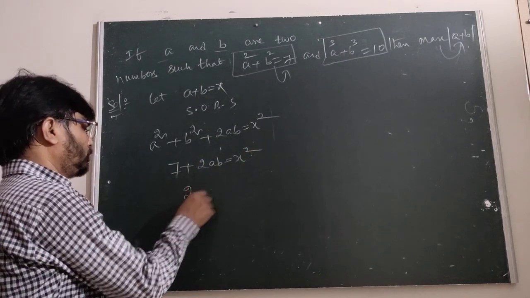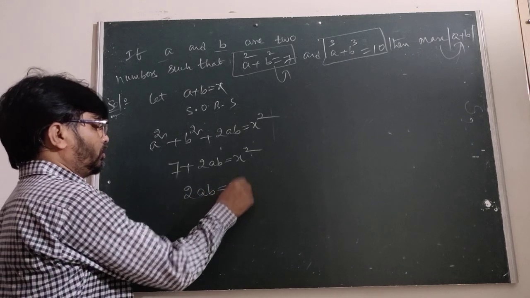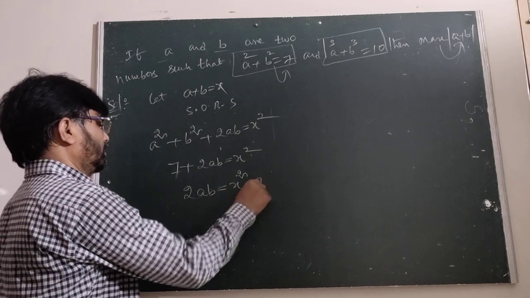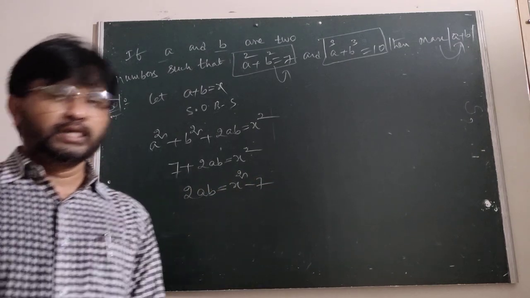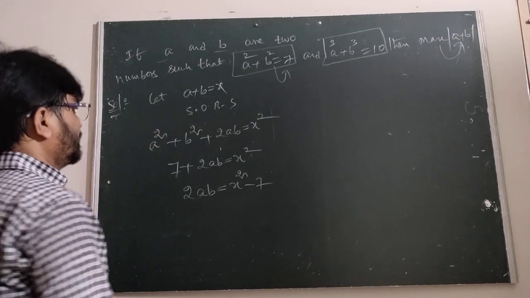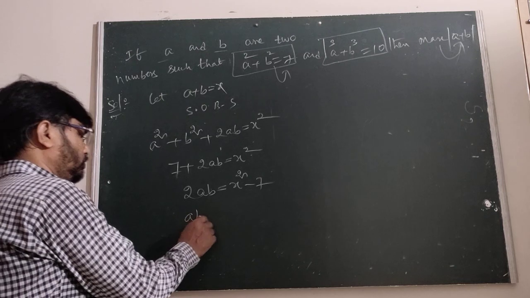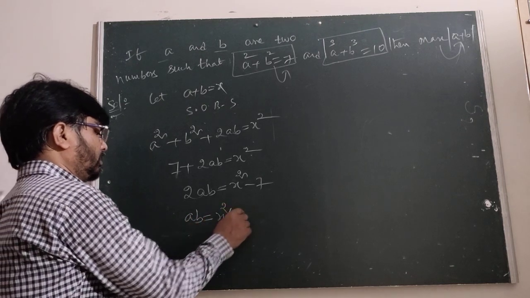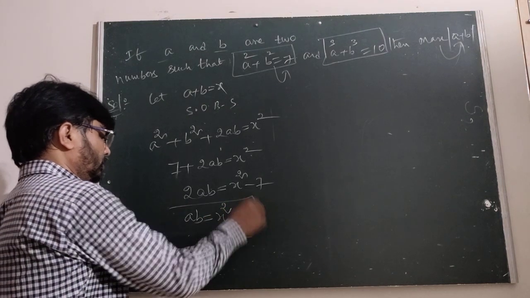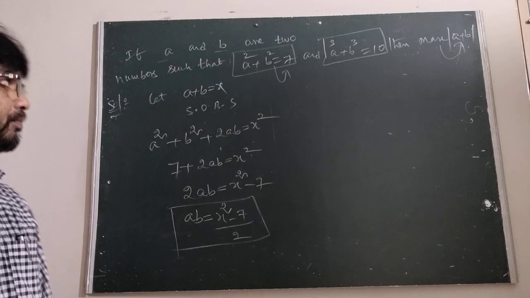Now 2AB equals X square minus 7. Therefore AB equals X square minus 7 by 2. This is the value of AB.